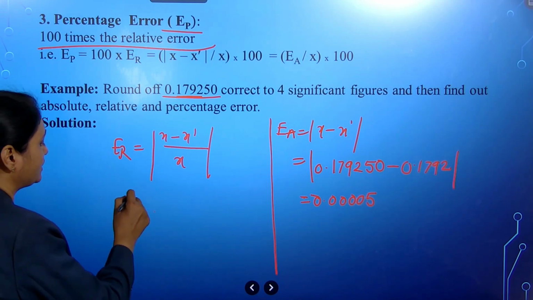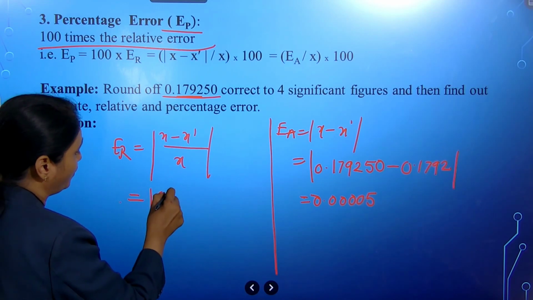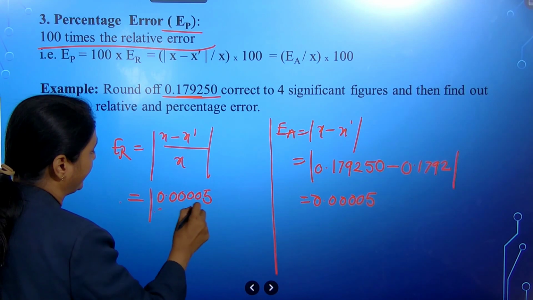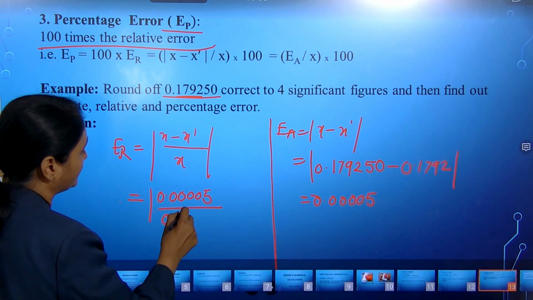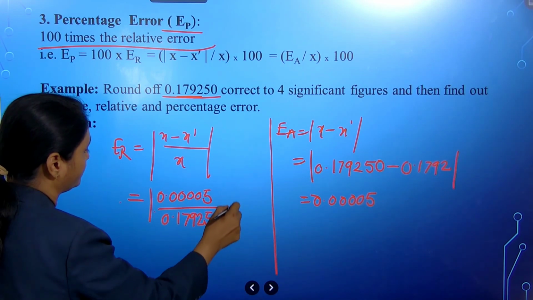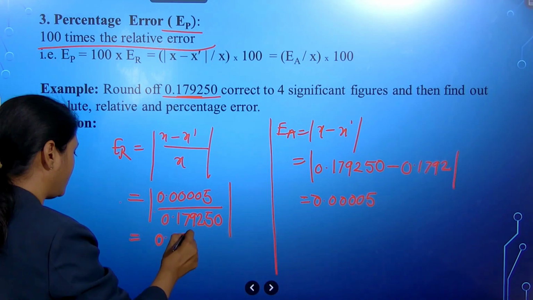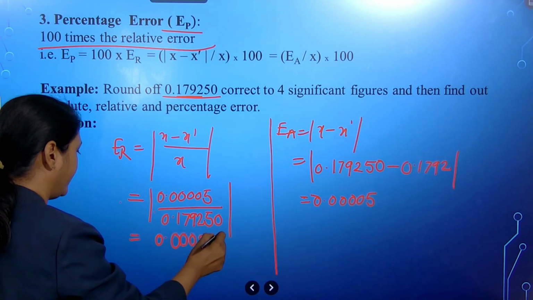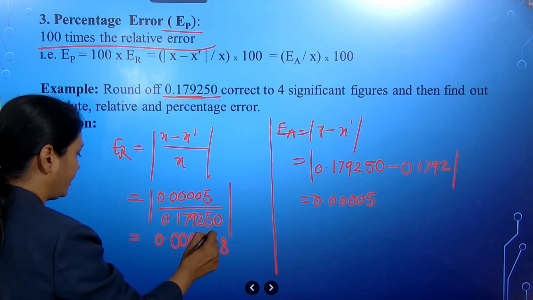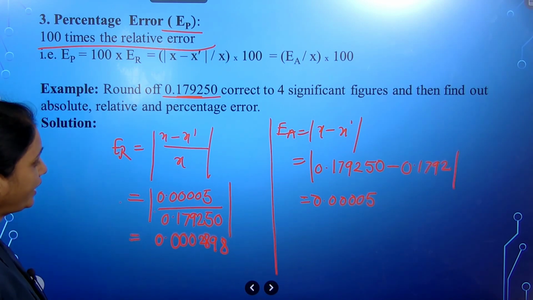Putting the values, x minus x dash is 0.00005 divided by 0.179250, and this is equal to 0.0002789. So this is the relative error.